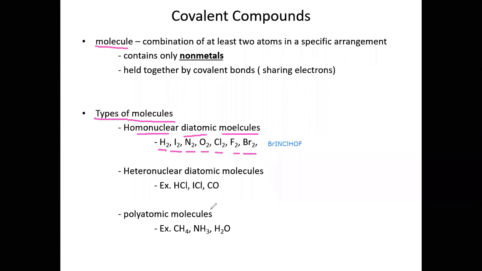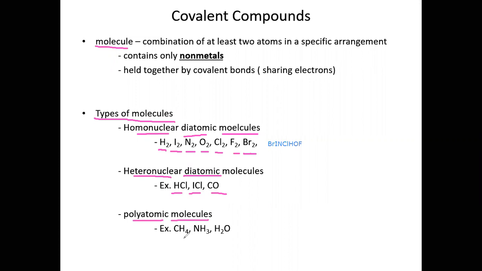Another type of molecules are heteronuclear diatomic molecules, and these are molecules made up of 2 atoms. Diatomic means 2 atoms, but they are different types of atoms, like HCl, ICl, CO, etc. And then lastly, the third group, polyatomic molecules, contain more than 2 atoms, of different types.